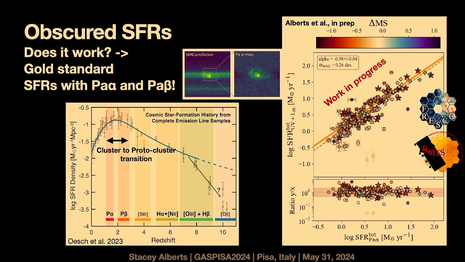As you can see, it works pretty well, down to star formation rates of about 1 solar mass per year or so, down to masses of about 10 to the 9. So we can push this pretty far and get a really good census of star formation in this cosmic noon transition epoch.